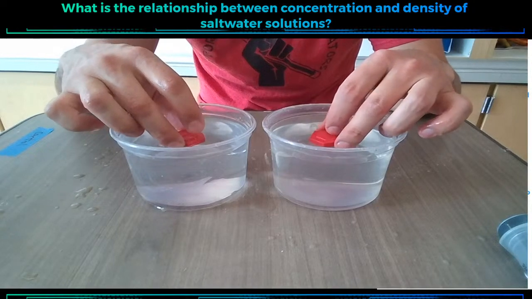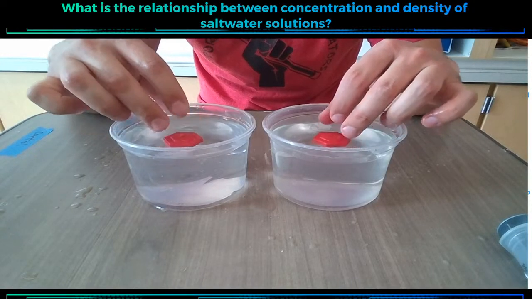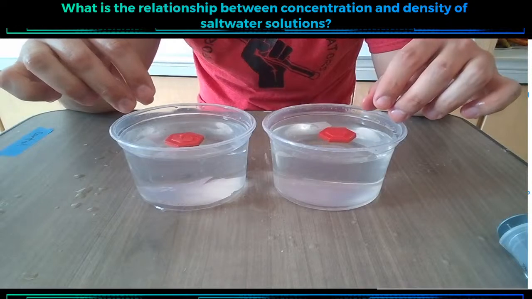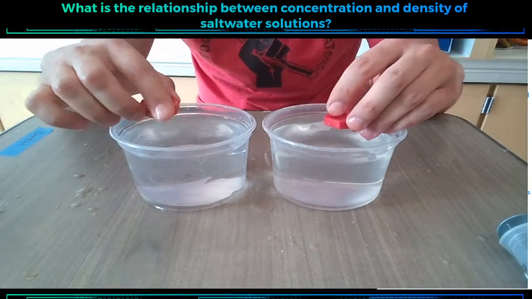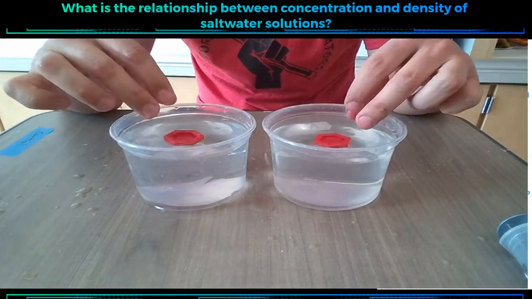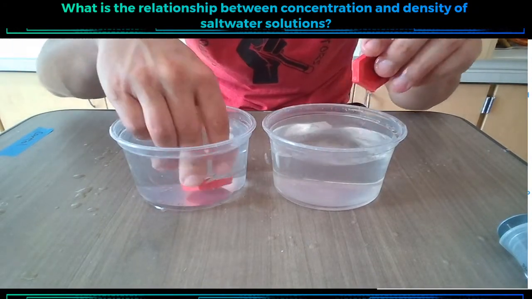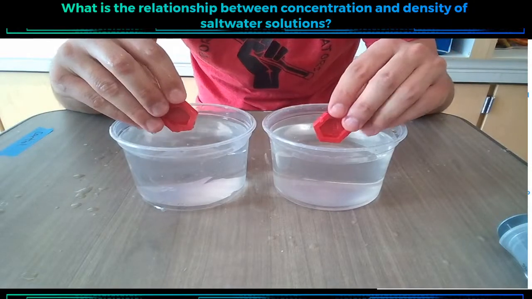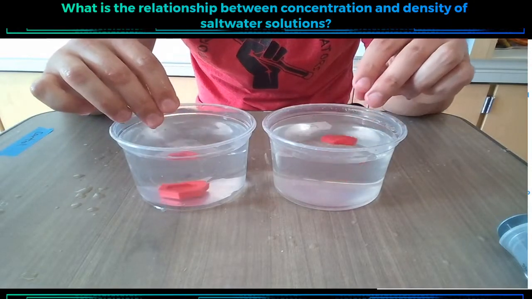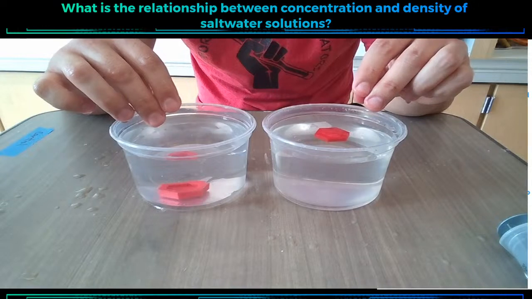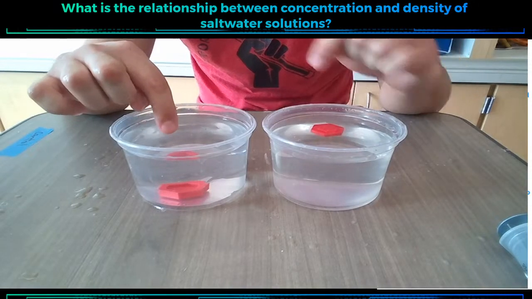Okay, so I'm going to put them both in here. Aha, so they do both float. What if we tried it this way? So they do both float, so the surface tension is keeping it there. What if we put it in on the side? That one sank to the bottom.